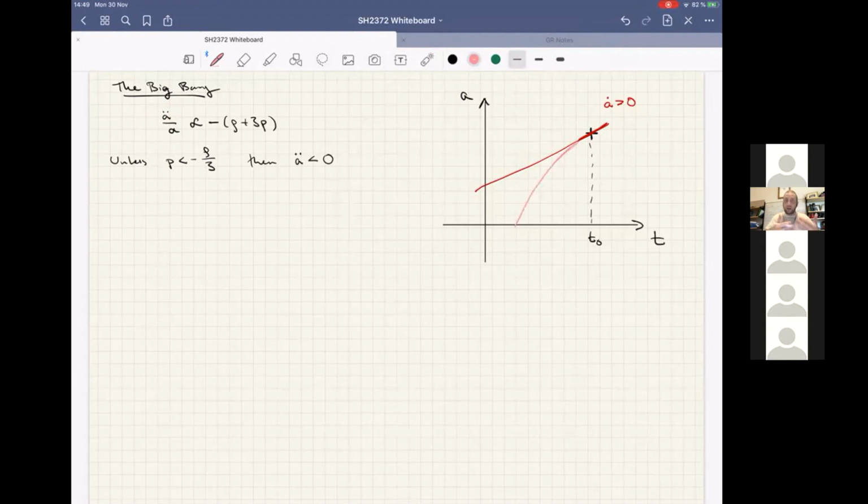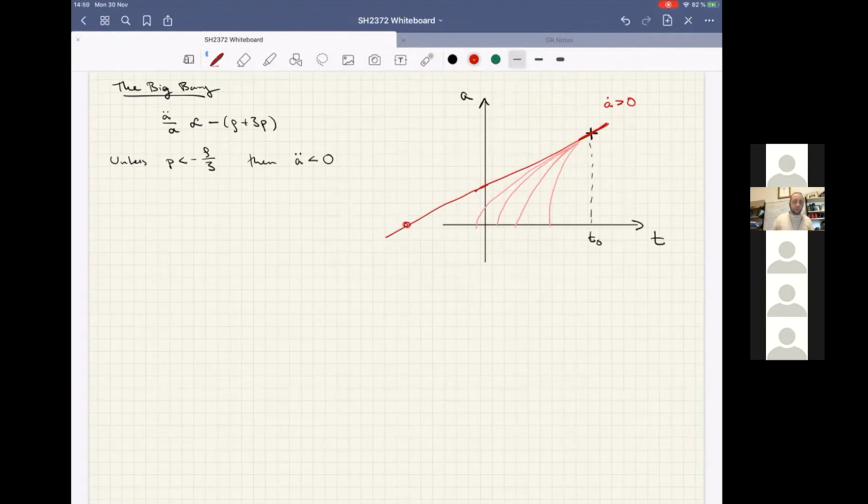And that's true for any time. So the only histories that we can have are histories like this, that at some time in the past are going to cross A equal to 0. Because, of course, if you extend this line far enough, eventually you end up at A equal to 0.